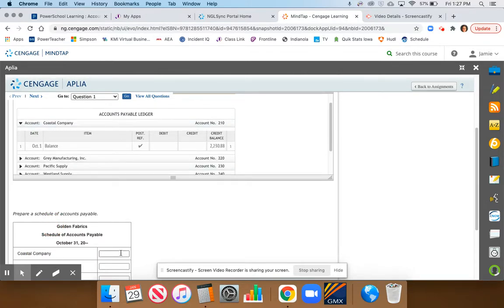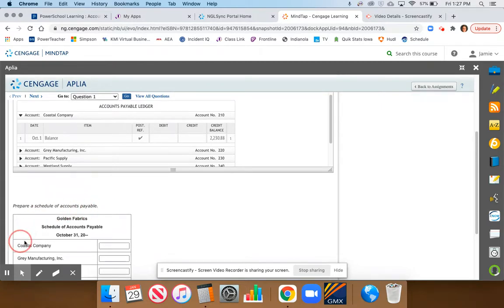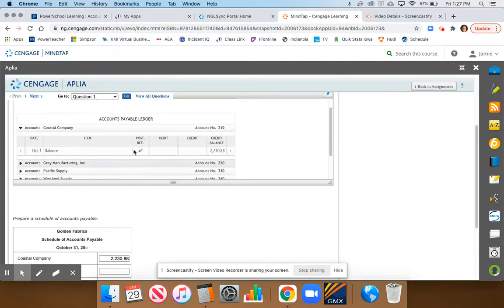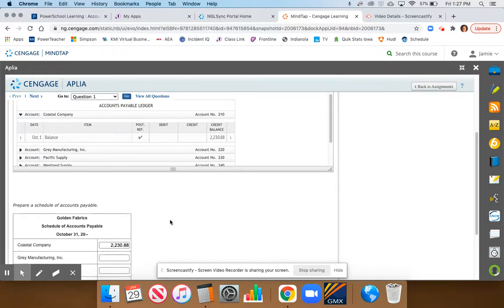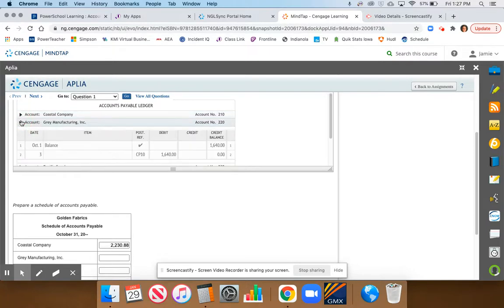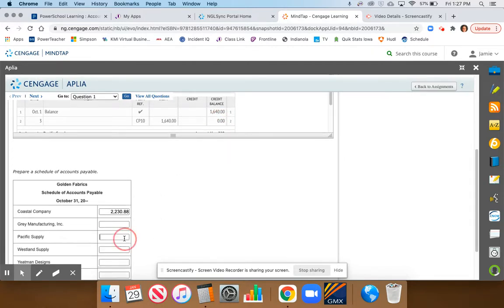Our Coastal Company balance, $2,230.88, is coming directly from the accounts payable ledger. Gray Manufacturing's balance is 0, so you can put a 0 there or leave it blank.